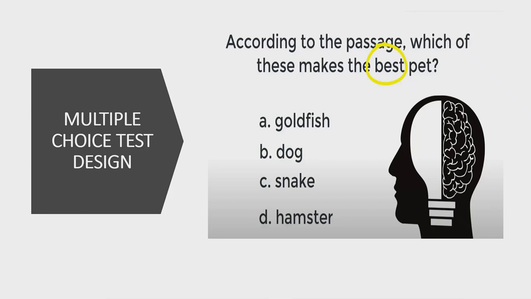As you can see here, all these options are plausible, which means that all of them could be the correct answer. But the question asks you to extract the answer from the passage. Next, it asks you which of these makes the best pet. All of them can be correct, but the question asks you to select the best pet.